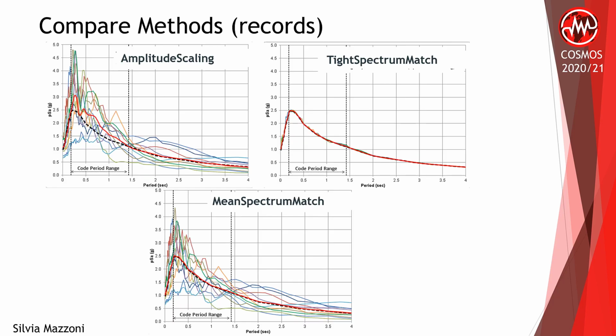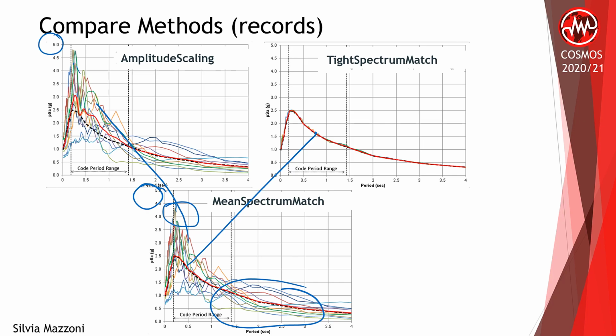If you compare their methods, when you look at the records themselves, you can see the averages are right on between the tight spectral matching and the mean spectral matching, and the records themselves are right on. I mean, look at these, plotted even in the same scale, and we do have some of these peaks. They're just not as crazy as those peaks, and interestingly, you're able to maintain these pulses oftentimes because your modifications are not significant.